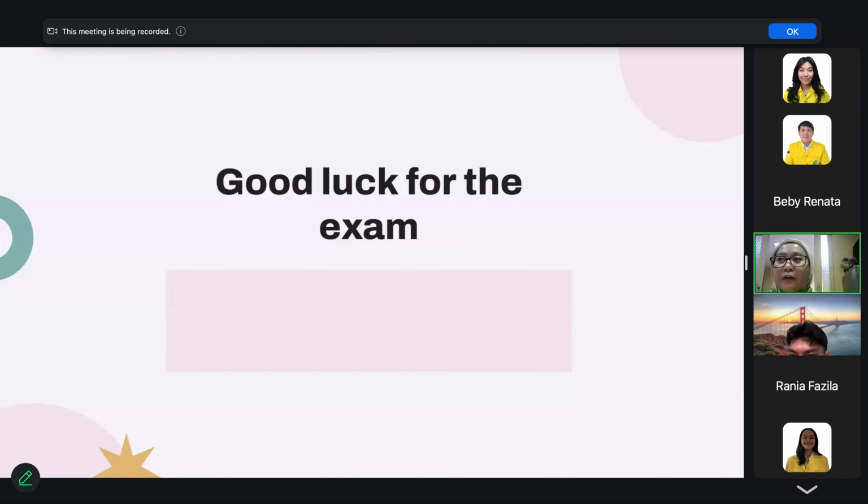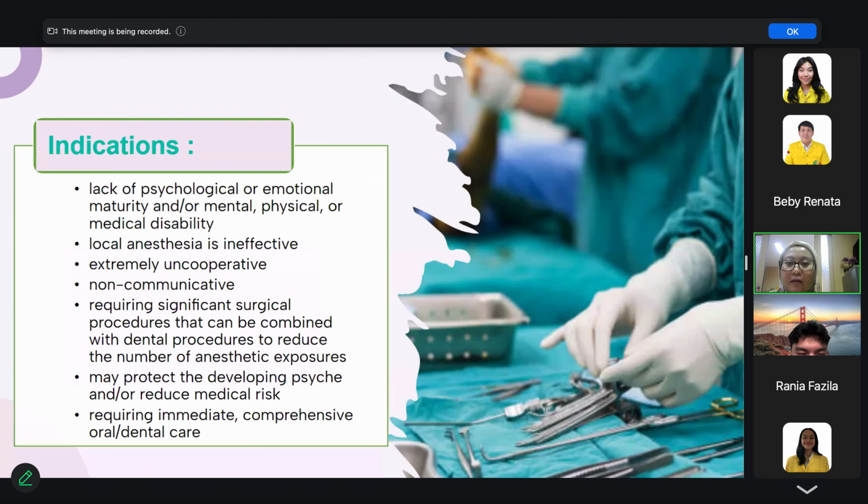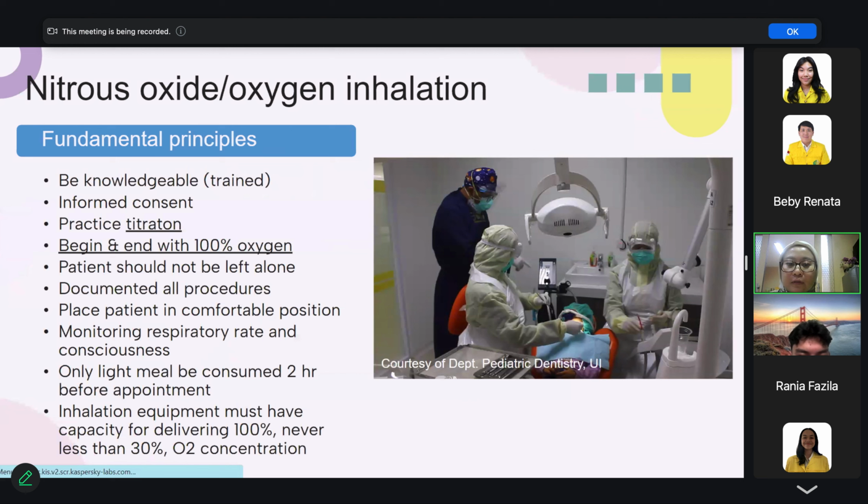Okay, you asked about inhalation sedation, right? The happy gas, nitrous oxide oxygen. I already mentioned before the indication for this. For using nitrous oxide inhalation, the patient should be able to communicate.